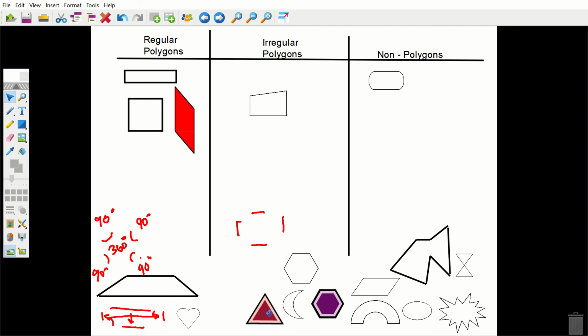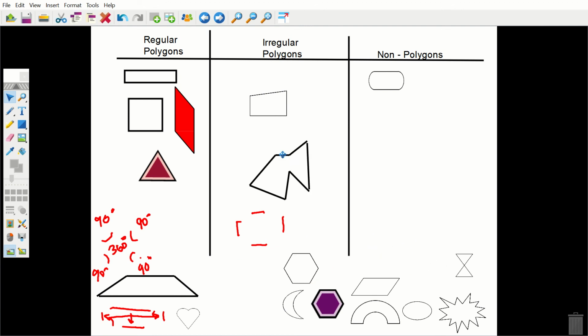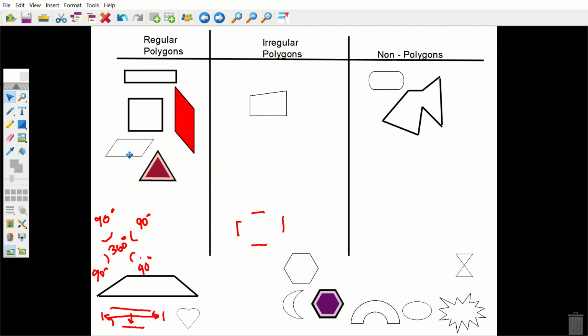This one, you can tell it's a triangle: equilateral, equiangular, closed plane figure, equals 360, regular polygon. This one here, if these were connected, you could conclude that this is likely an irregular polygon, but they're not connected. So therefore, that is a non-polygon because it is not a closed plane. Another parallelogram, regular.